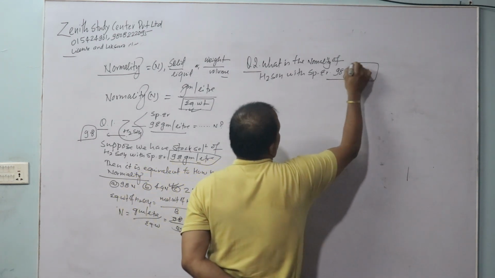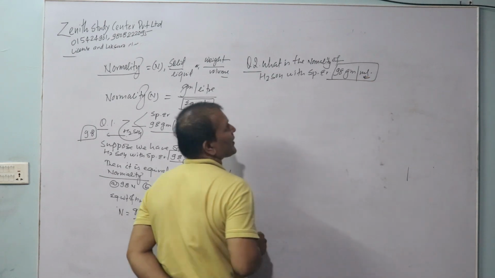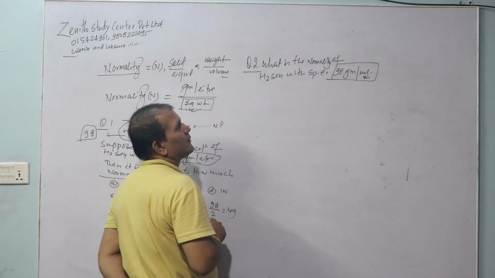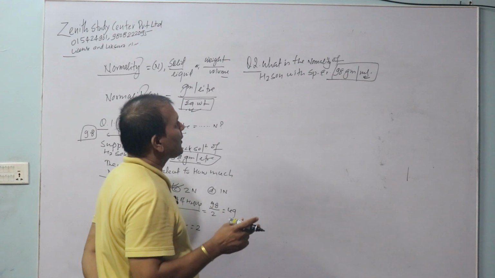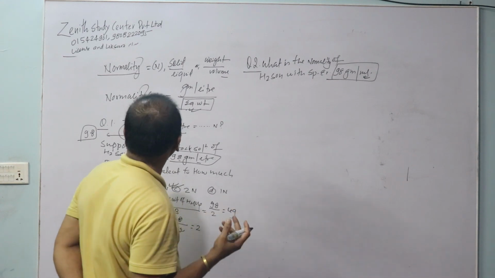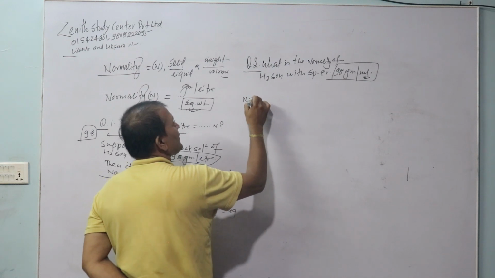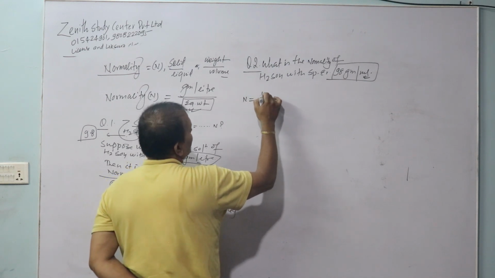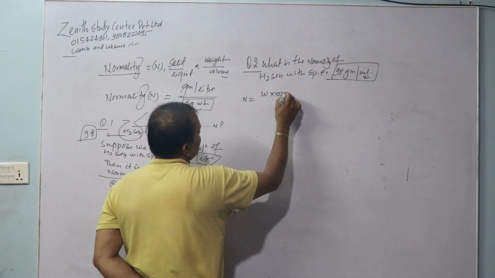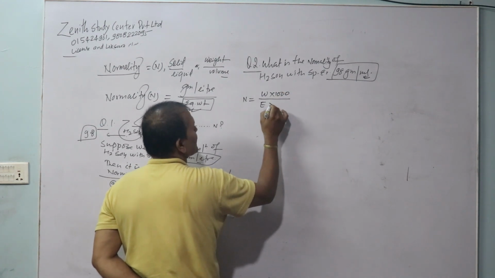Here the question contains gram per ml. As we said before, when the question contains gram per ml, you can use the formula W into 1000 by E into V ml.